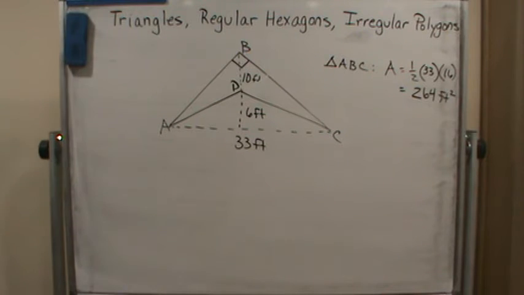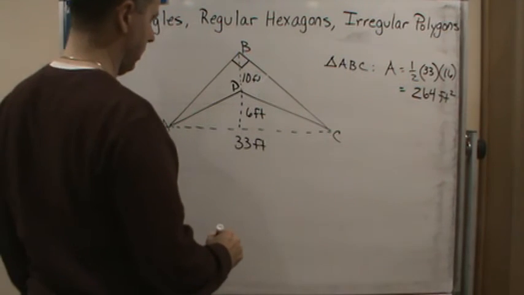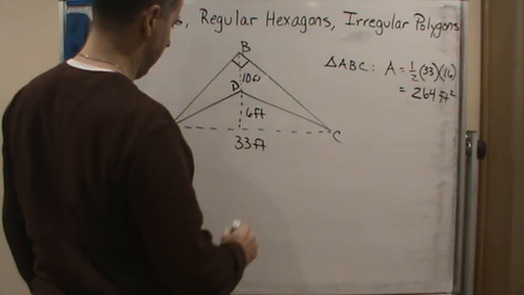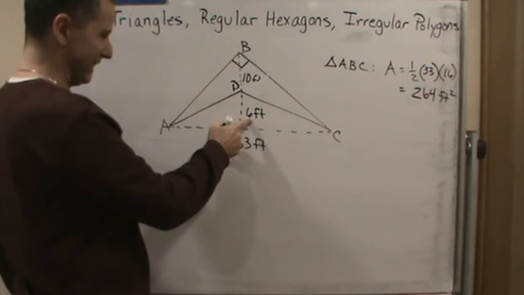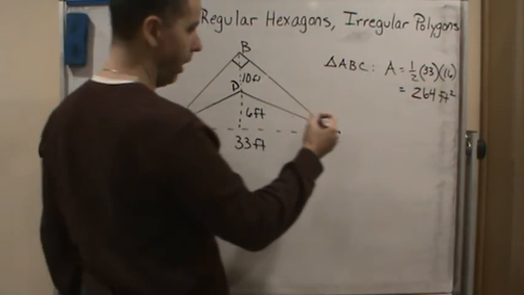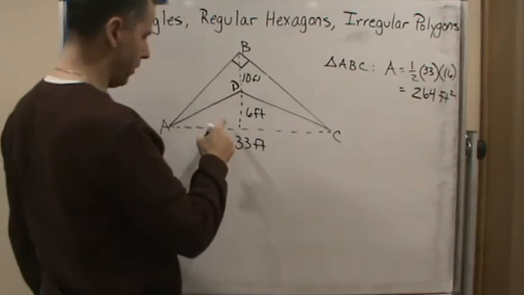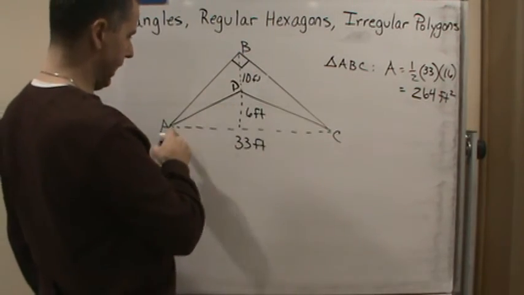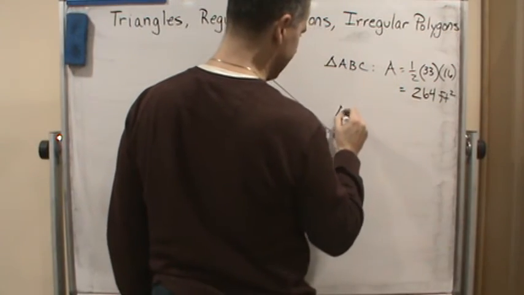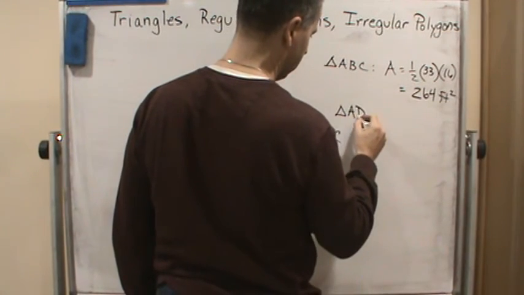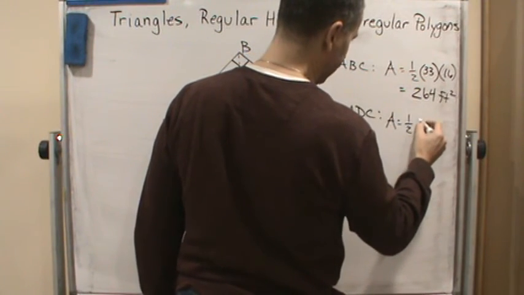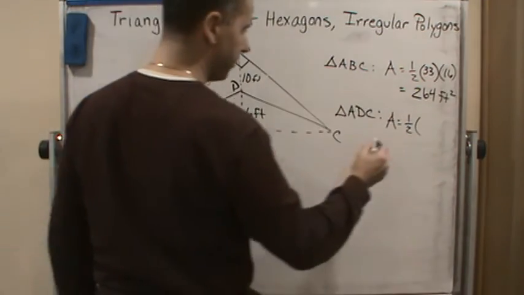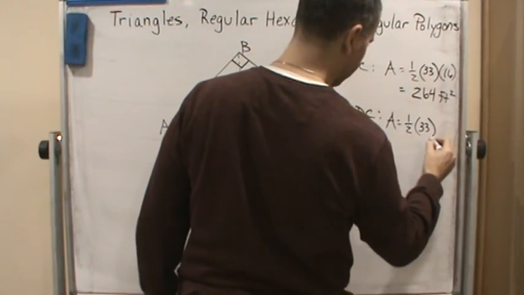Now, what about the smaller triangle? That smaller triangle has a height of 6. Let's call that triangle ADC. The area of that triangle is one half base times height. The base is, again, 33. They share the same base.